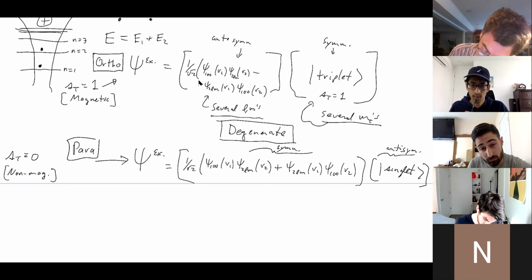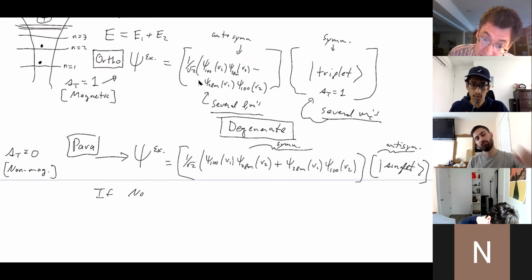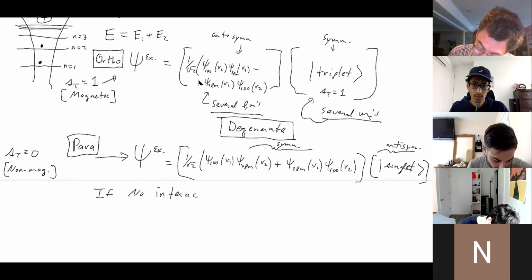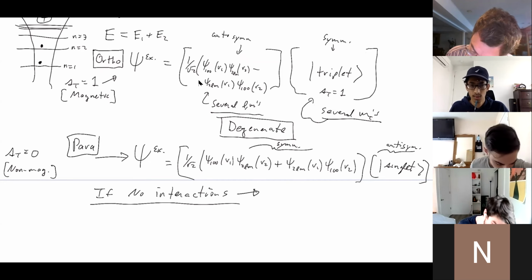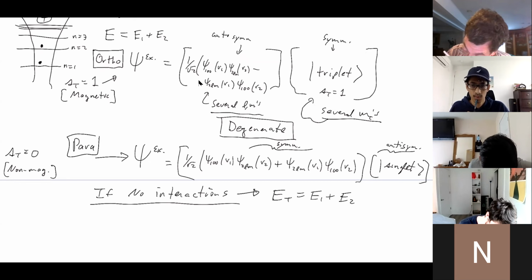I would write it like this: if no interactions, and when I say interactions, I mean no Coulomb interactions between the particles, then the energy is the same, as you just said.